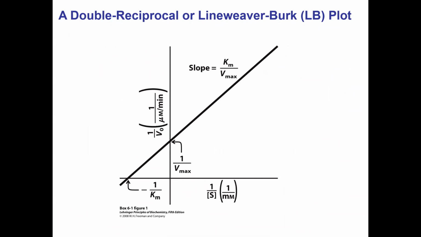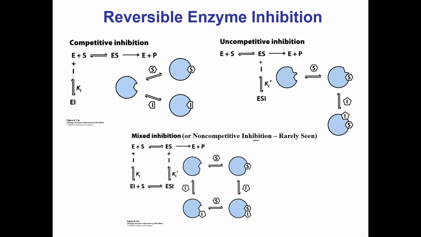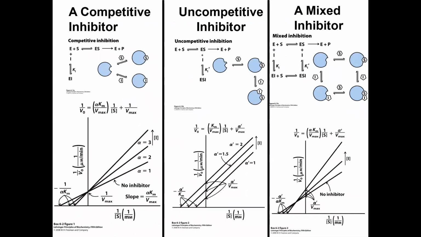You took the reciprocal of them and plotted them to get your Km and Vmax. You do the same experiment, but when there is no inhibitor present and when there are different concentrations of inhibitor present. If you did that experiment, you will see the plot shown here on the extreme left.